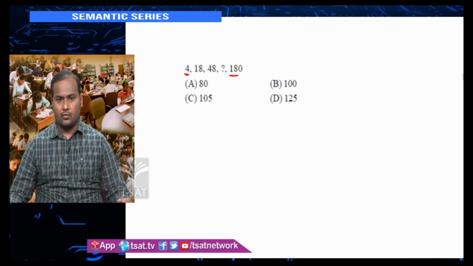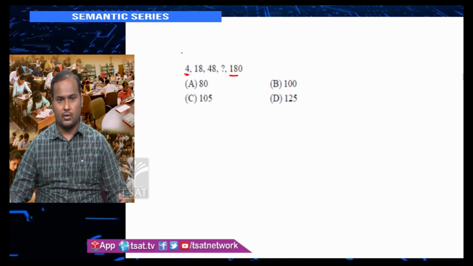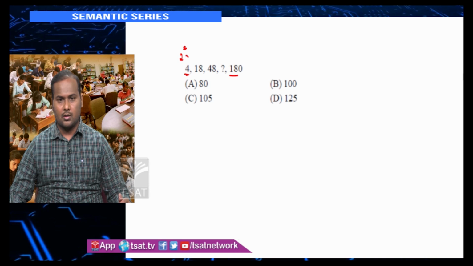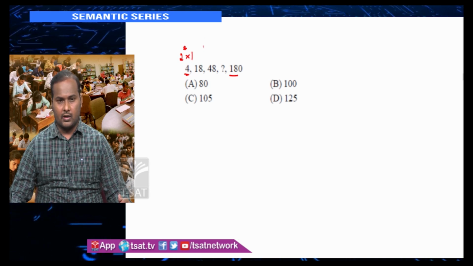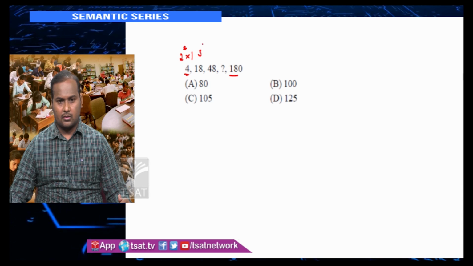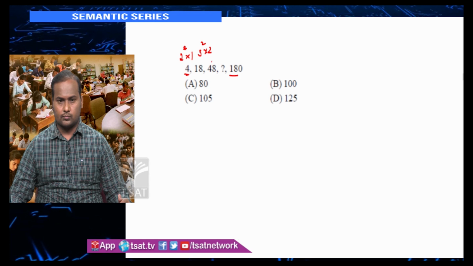The moment you see 4, the first thing that strikes your mind is that it is a square, that is 2 square. So I can write it like 2 square multiplied by 1. And if you see 18, it is 3 square multiplied by 2.